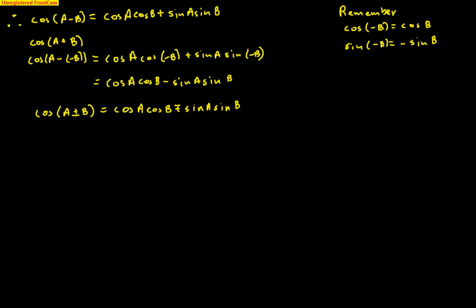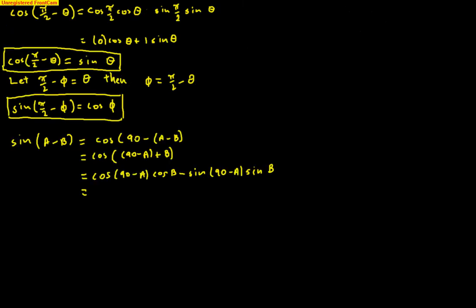So continuing on, we just need to quickly establish that cos of 90 degrees take angle is the same as sine of that angle, and the other way around, we have sine of 90, or pi on 2 radians, take angle is equal to cos of that angle.